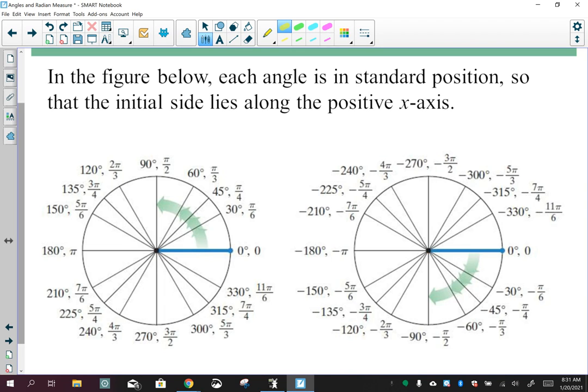When we're looking at this, you're going to notice the counterclockwise piece, which is all the positives, and the clockwise piece, which is all the negatives. The other thing you need to notice is that it has both degrees and radians. You're going to have to memorize both, and then later on you're going to have to know what a specific spot is.